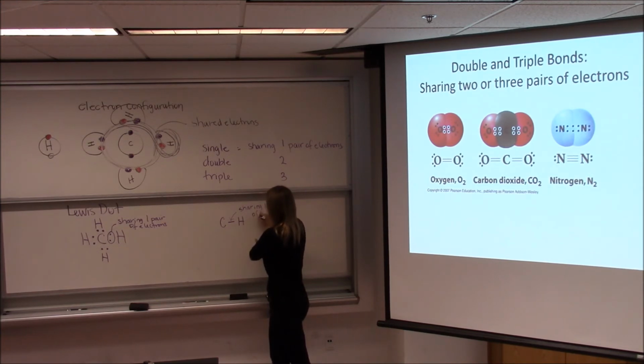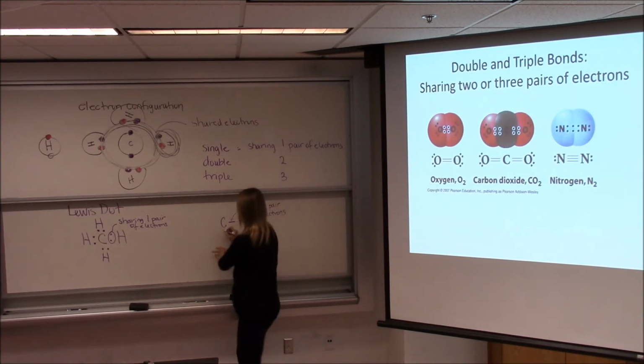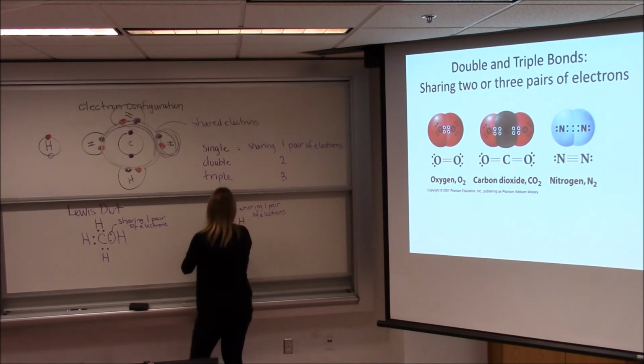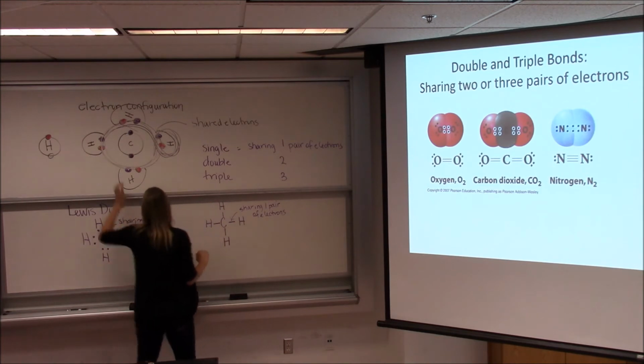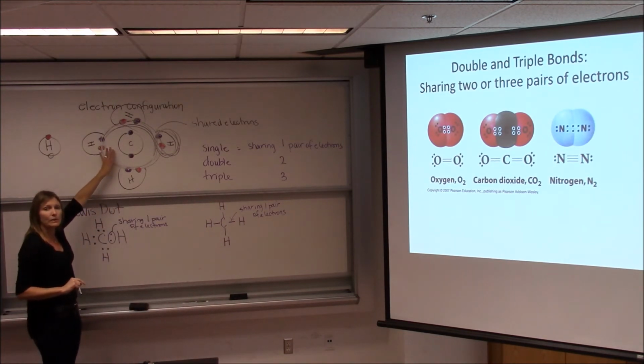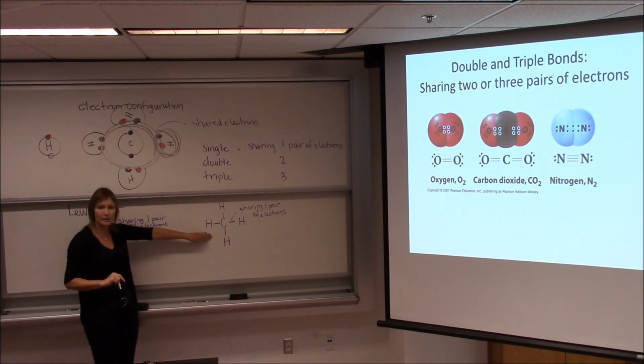So sharing one pair of electrons, you just draw a line. And this is how we will typically draw molecules in this course. It's easier, it's faster, it's how you'll see it in textbooks. But if you are asked to draw the electron configuration for a molecule, you need to show this level of detail. Lewis dot, and then more simply this.